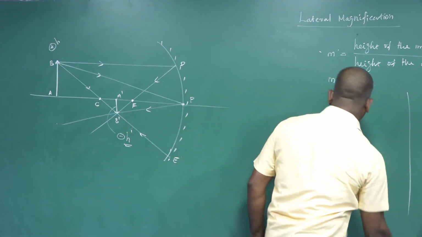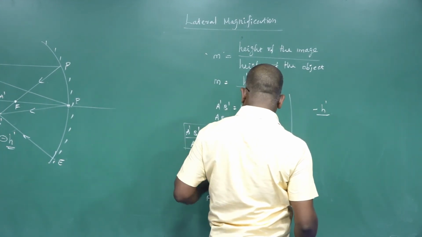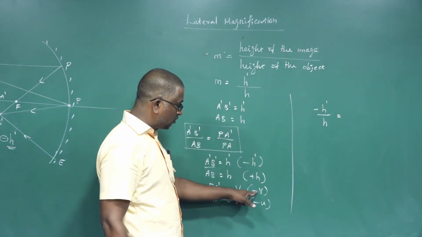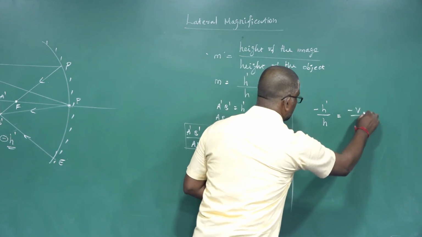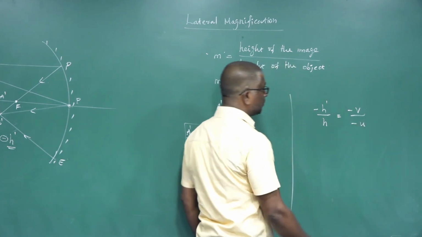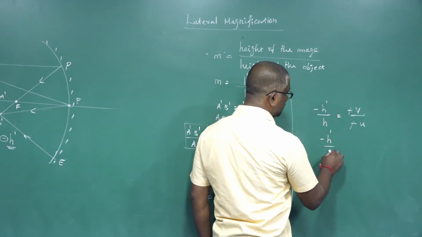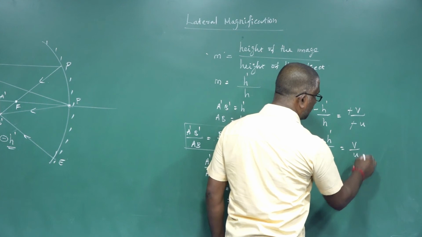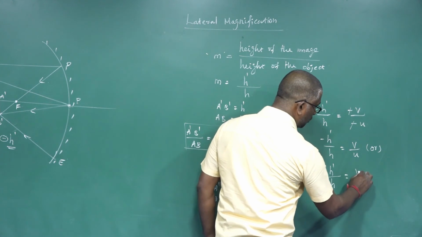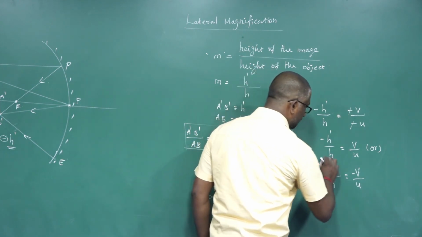Now, minus h prime divided by h is equal to minus v divided by minus u. Here the minus signs cancel. So h prime divided by h is equal to minus v divided by u.